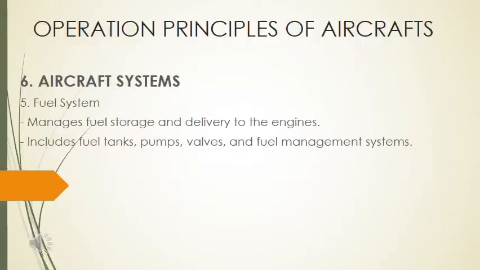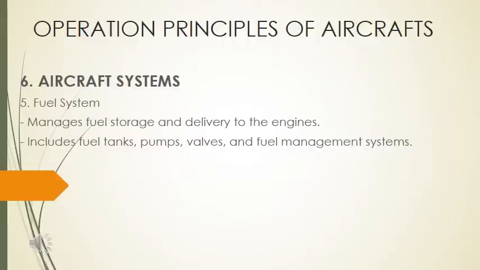Next, the fuel system. It manages fuel storage and delivery to the engine. It includes fuel tanks, pumps, valves, and fuel management systems. This ensures that fuel is delivered to the engine in the right proportion. It also manages fuel storage.